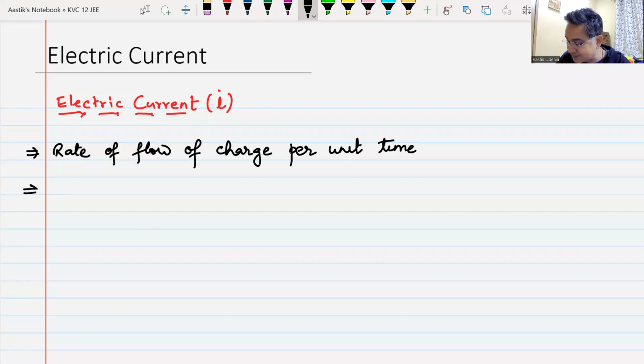What type of quantity is electric current? Scalar or vector?